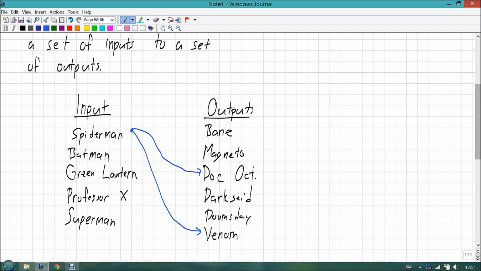And then Batman, of course, has a villain on this list in the name of Bane, because in the comics, Bane broke Batman's back for a little while. Green Lantern is part of the Justice League, and he's had to face several of these guys, including Darkseid and Doomsday.